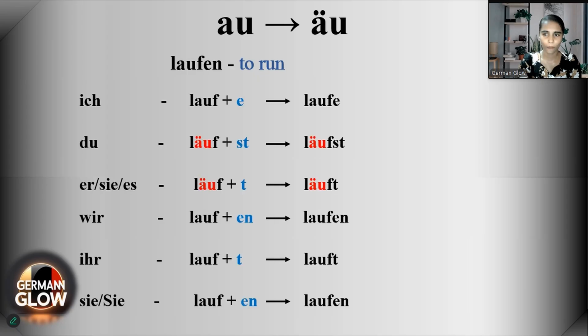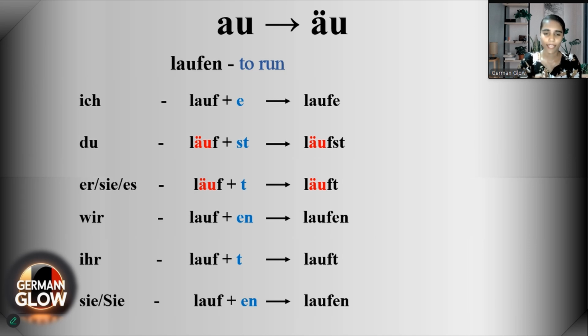Next pattern is au changes to äu, umlaut. Example, laufen, to run. The verb stem is lauf. Ich lauf plus e, laufe. Du, au changes to äu: not lauf, but läuf.